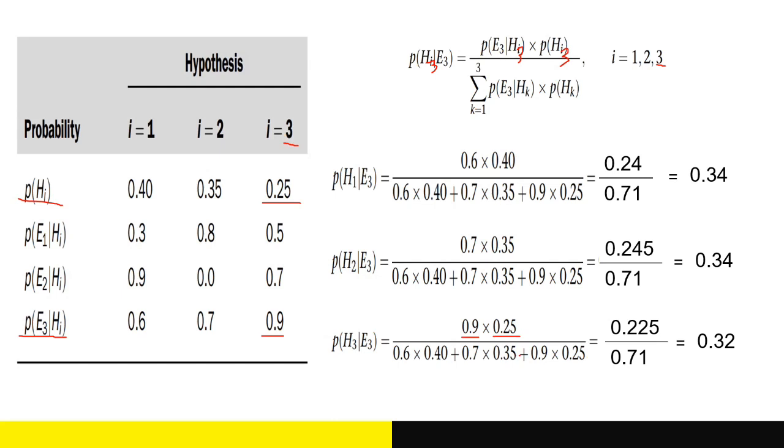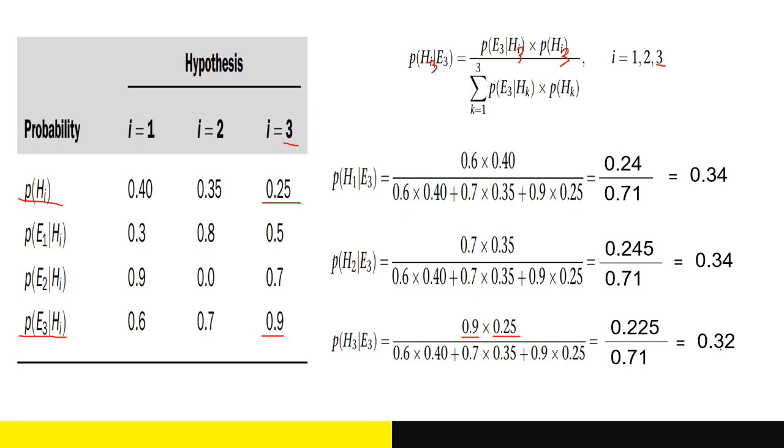So we copy, so that we won't take too long. 0.9 multiplied by 0.25, their product is 0.225. 0.225 divided by 0.71 shows that the probability of hypothesis 3 given evidence 3 is equal to 0.32.